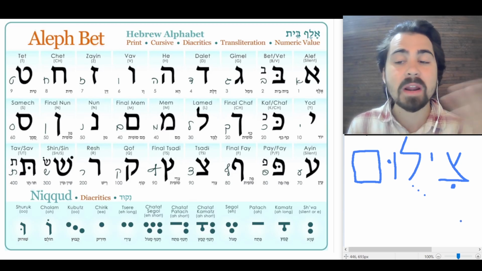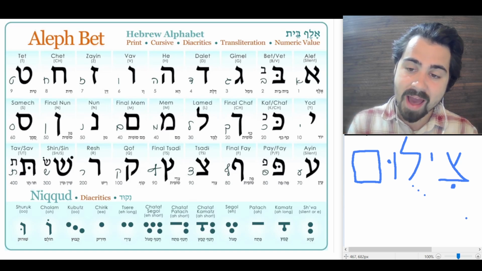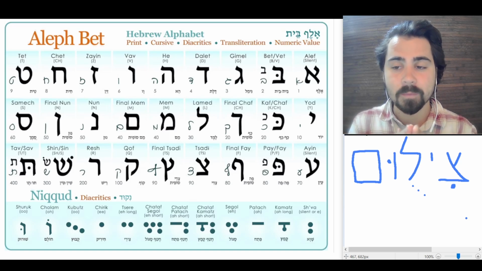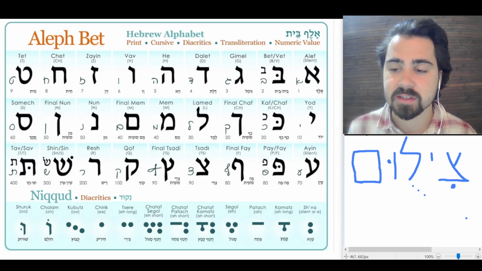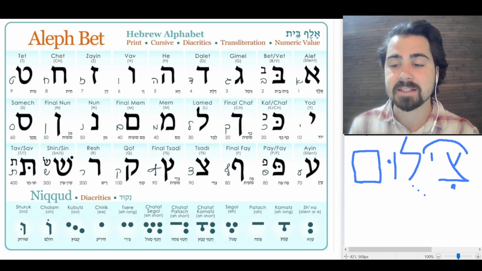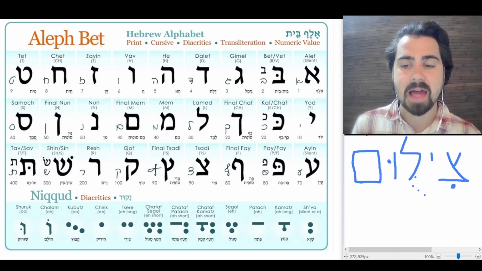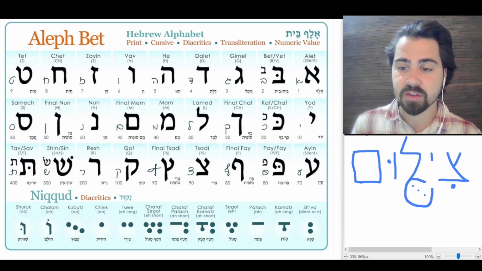Nothing. Nikud and a vowel letter can stack up, no problem. So this is still just tzi. Doesn't make a difference that there are two yuds. This is tzi.